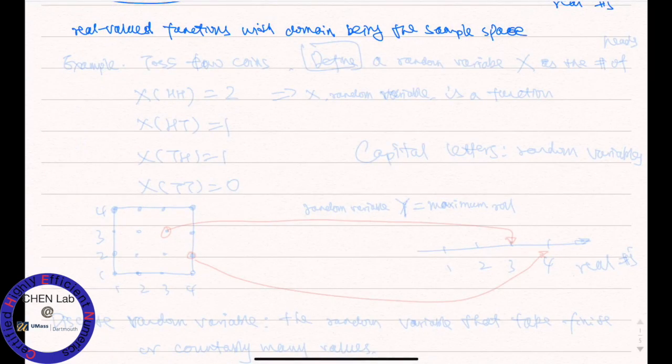So, an example. If we toss two coins, and we define, so the random variable is a definition when you do an experiment. We define X, a so-called random variable.